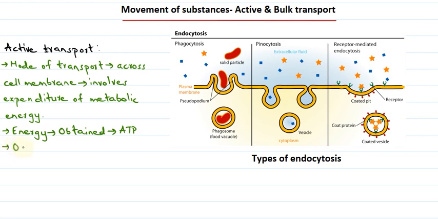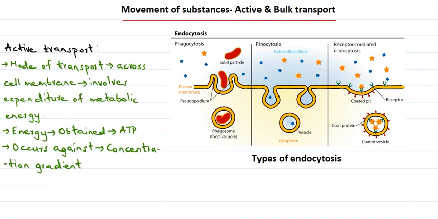So it occurs against the concentration gradient. Passive transport was occurring along the concentration gradient, whereas active transport occurs against the concentration gradient.